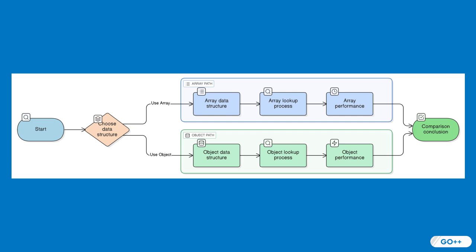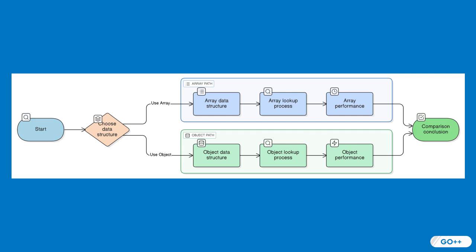But for searching, especially by a unique attribute like a product ID or exact name, arrays become less efficient. Every search is a blind scan, checking each item one after the other. This time complexity, meaning the operation takes more time as your list grows, can quickly become a bottleneck when users expect instant feedback.